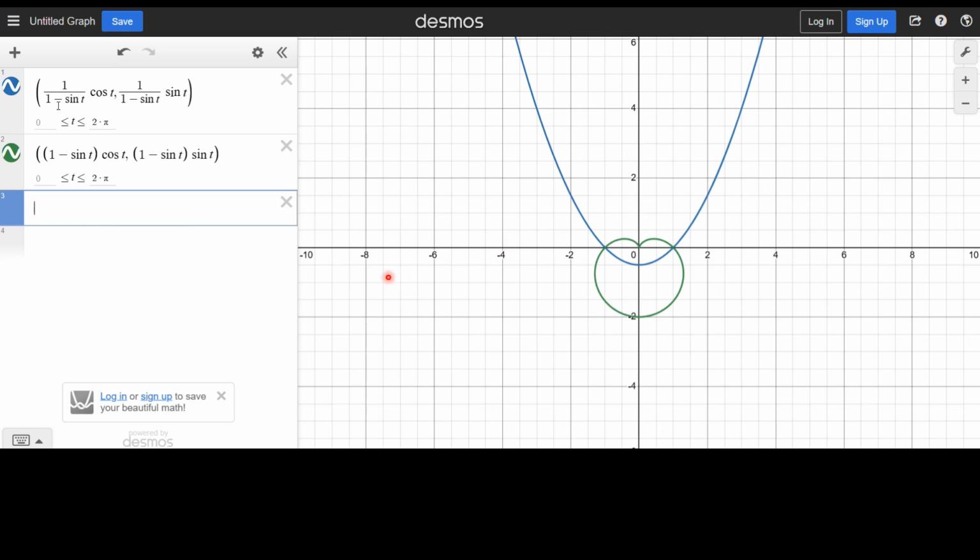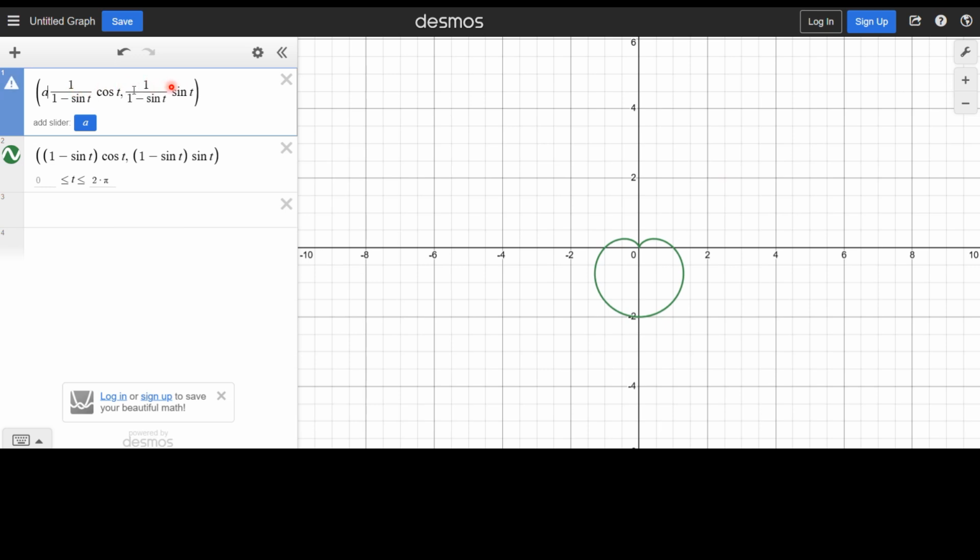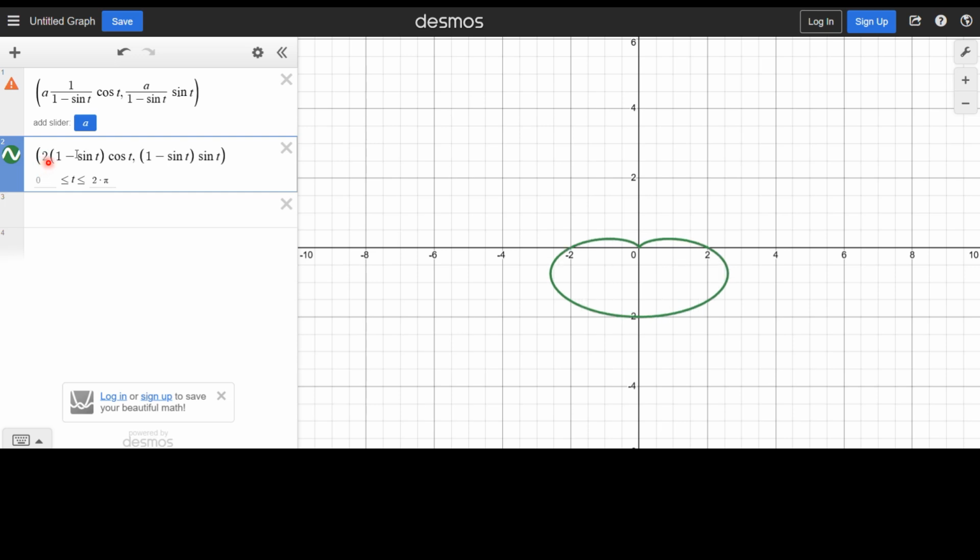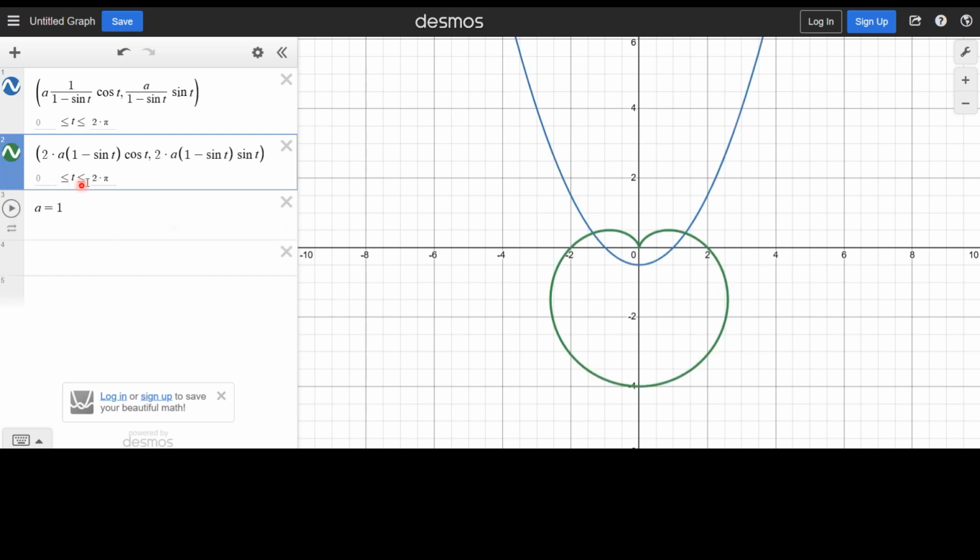And so if we now play around with the radius, so let's put A as the radius, that factor there, and we put A there, and then we create a slider so that we can vary that. And then here we're putting twice A, and then twice A. And then we create a slider now that slides between, I think 1, let's do 1 to 2.5, right?